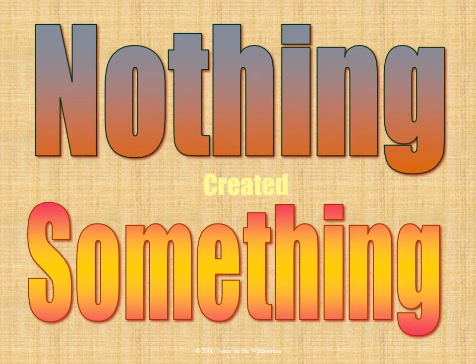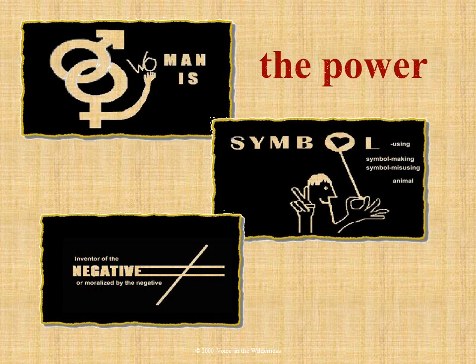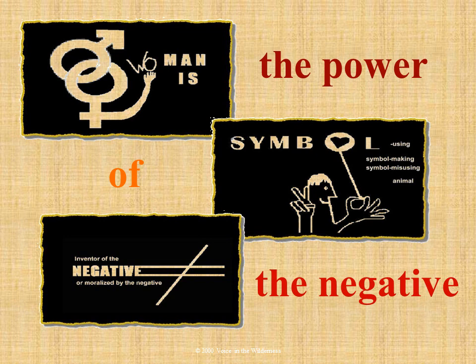And we ought to pay more attention to what comes out of the hole under our mouth, because our use of symbols is creative. So I want you to understand the power of the negative in our language.